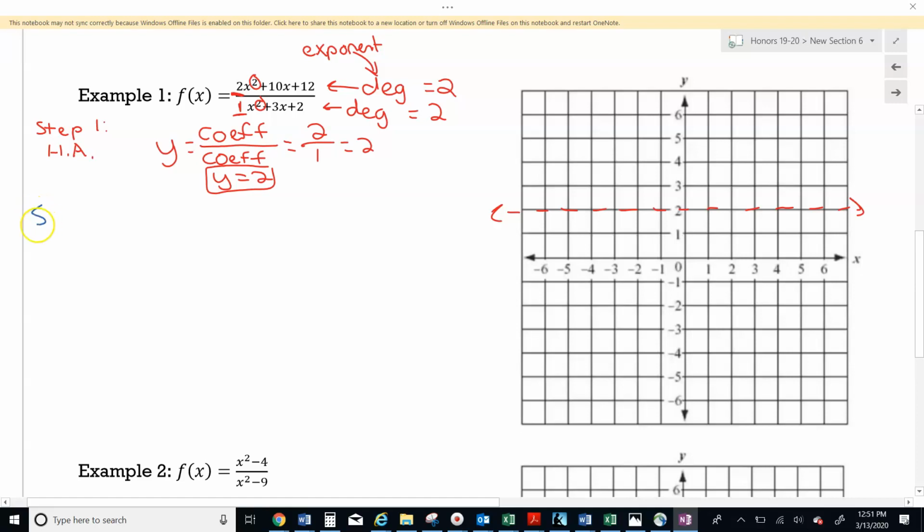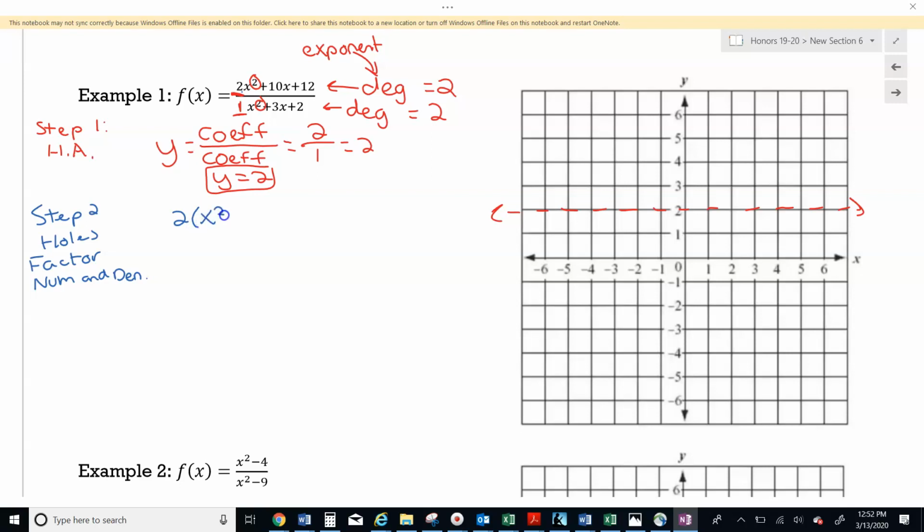Now, step 2 is slightly different. Now we want to find our holes, and we're going to do that by factoring the numerator and the denominator. So if I factor my numerator, this is just like simplifying. I'm going to take that 2 out.